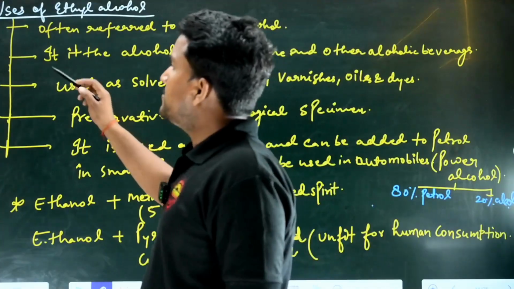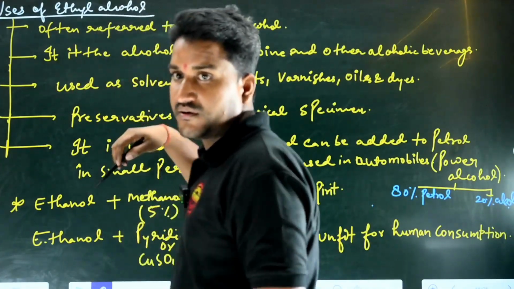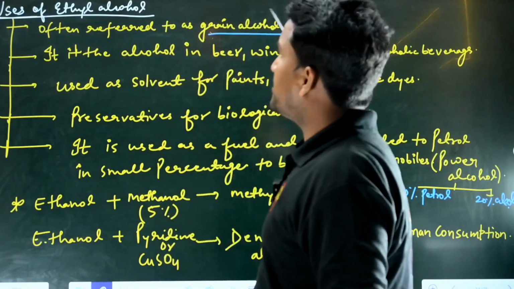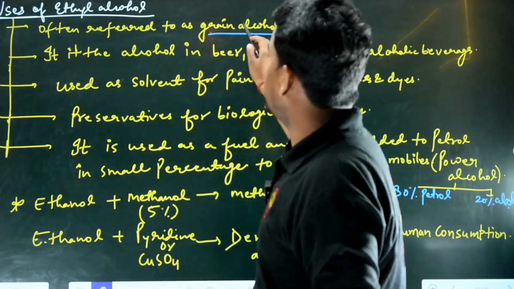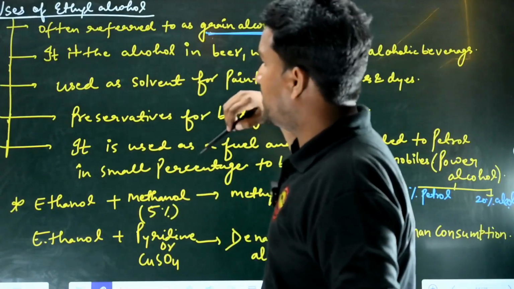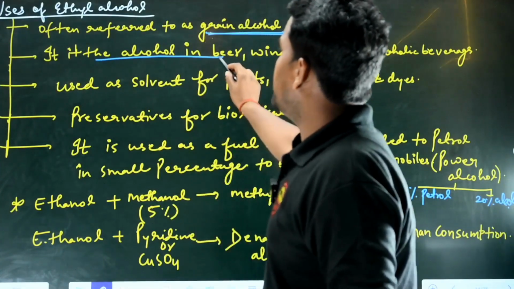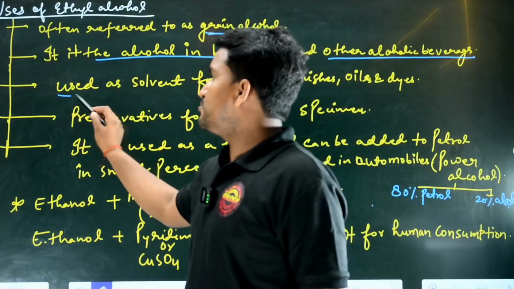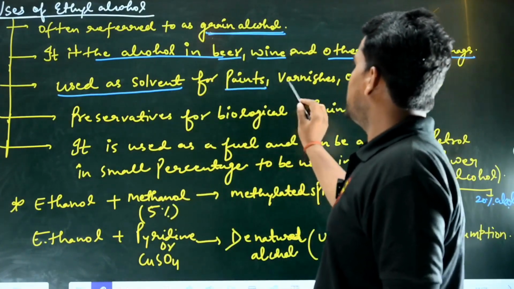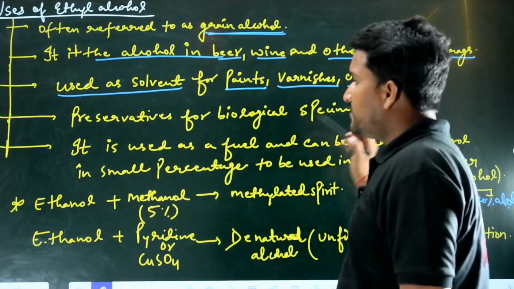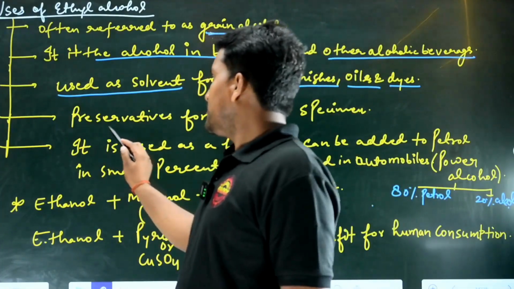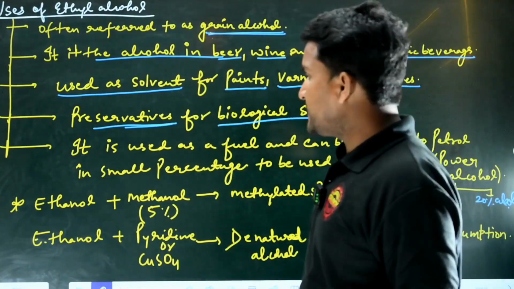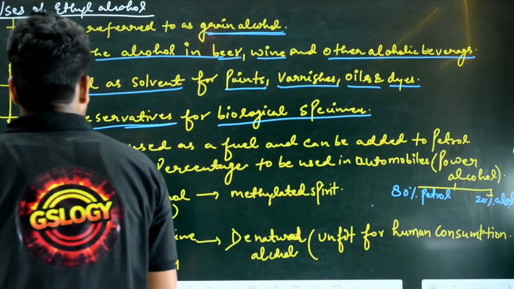The next topic is the uses of ethyl alcohol. It is often referred to as grain alcohol, and it is the alcohol in beer, wine and other alcoholic beverages. Ethyl alcohol is used as a solvent for paints, varnishes, oils and dyes, and as a preservative for biological specimens.